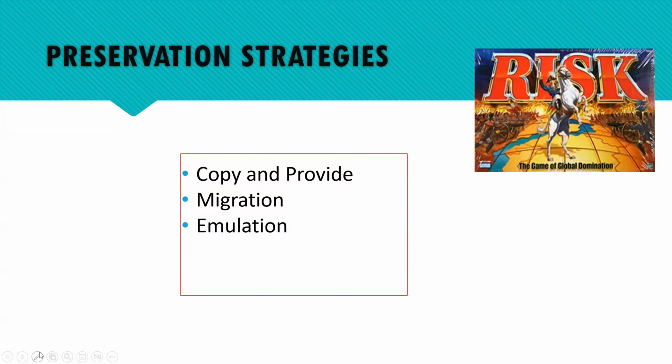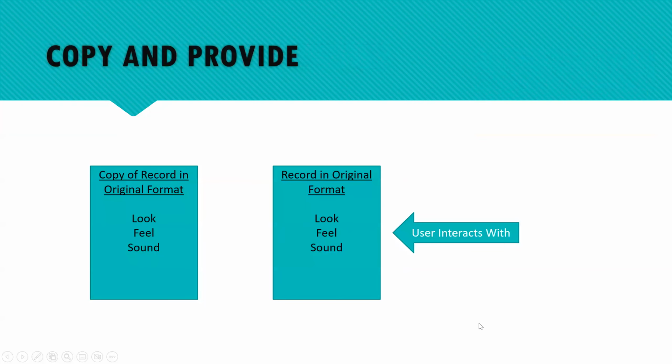Okay, so we'll start by looking at copy and provide. So this is essentially where you make your copy or copies of records in the original format. And this is what you provide to the researcher. So there's no migration involved, no emulation. You just say, okay, we're going to copy this, and then this is what we're going to put online for researchers to look at and interact with.